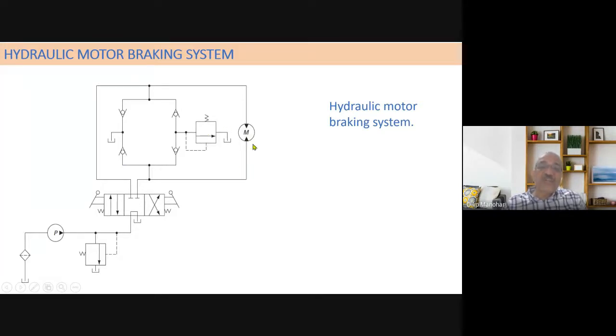So what is shown here is sucking the fluid from one side and directing the fluid from this side to the other side using the check valve. So here suppose the hydraulic motor is stopped, it acts as a pump. So the pump will suck the liquid because now it is able to suck the liquid from this side.